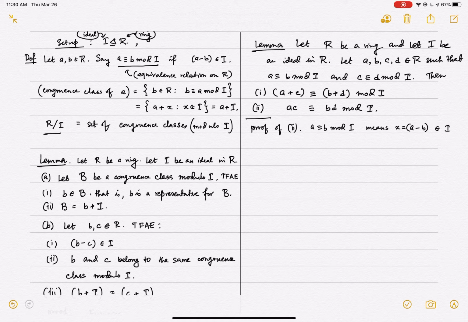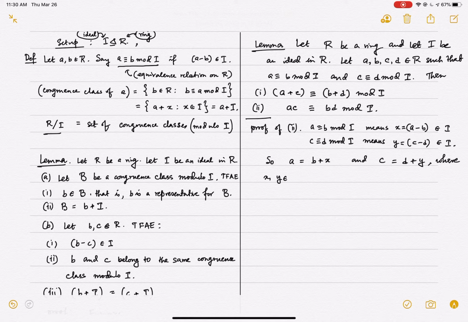And c is congruent to d mod I means the difference, c minus d, let's call that guy y, is also in I. So a is b plus x and c is d plus y, where x and y are in I.